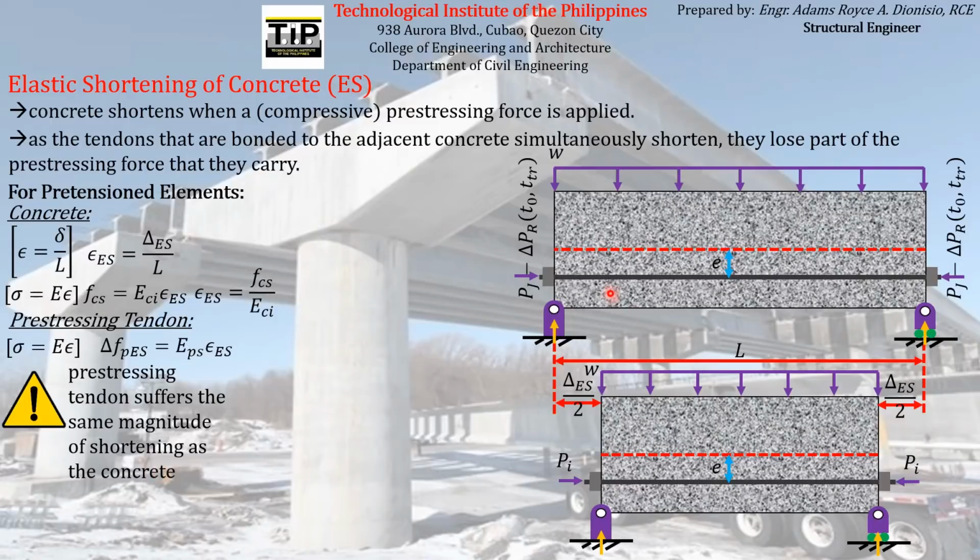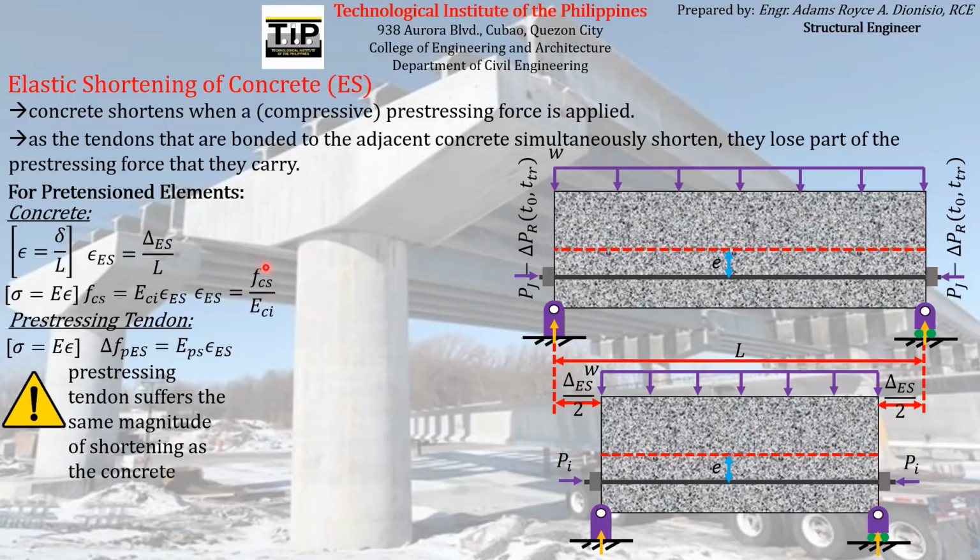So meaning, if the concrete experiences a deformation equal to this, the sum of these two, the pre-stressing reinforcement will obviously experience the same magnitude of deformation, or in other words, they will both have the same magnitude of strain. Therefore, the strain being experienced by the pre-stressing reinforcement that is specified here on this equation is just equal to the strain being experienced by the concrete element, which is equal to this.